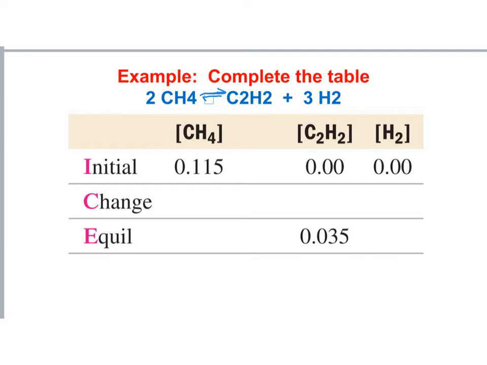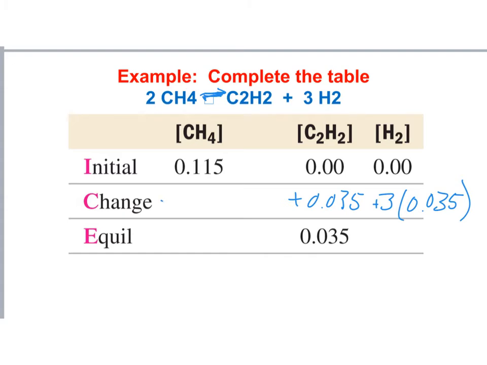Okay, so let's look at this one. Again, there are some missing pieces of data, and it gives you an idea of what is happening here. First of all, I know this is going to be plus 0.035. I know this is going to be plus 3 times 0.035.